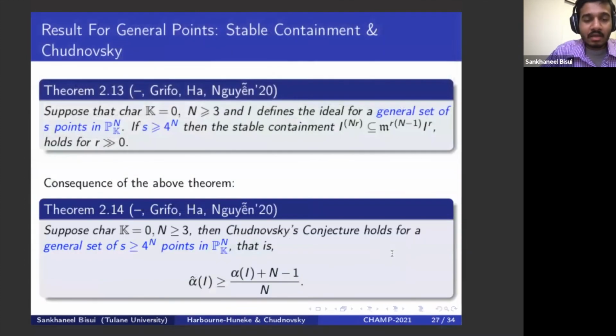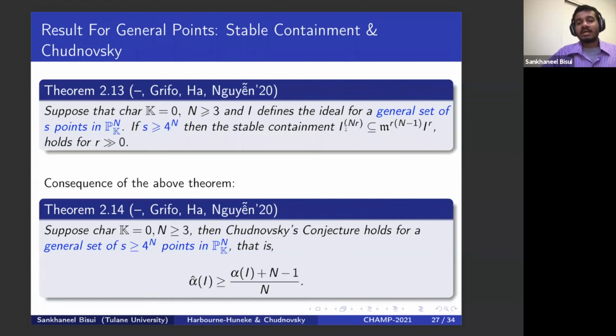Now, the big application of our theorem, that one containment implies stable containment, is the Harbourne-Huneke containment for general points. Suppose the characteristic of the field is 0 and n is at least 3, and I defines the ideal for a general set of s points where s is at least 4^n.